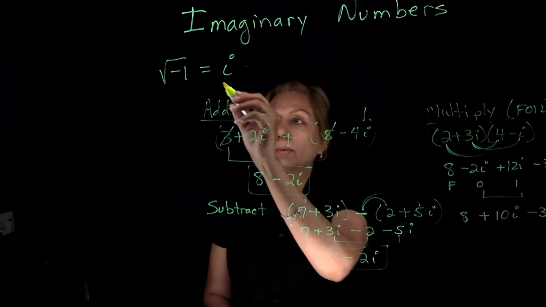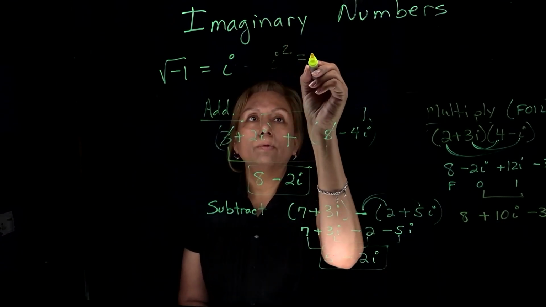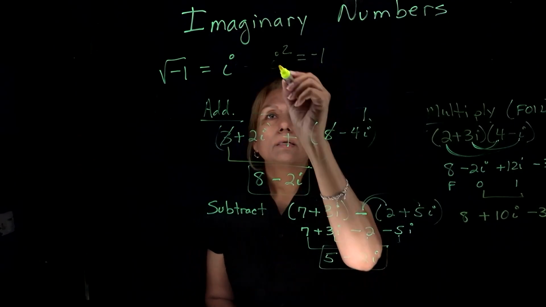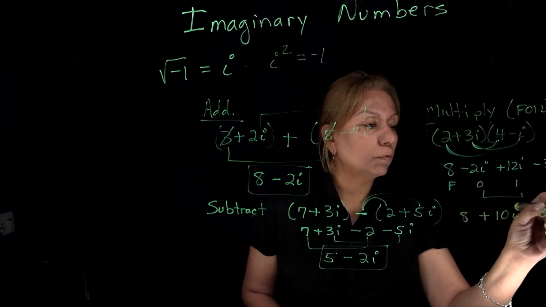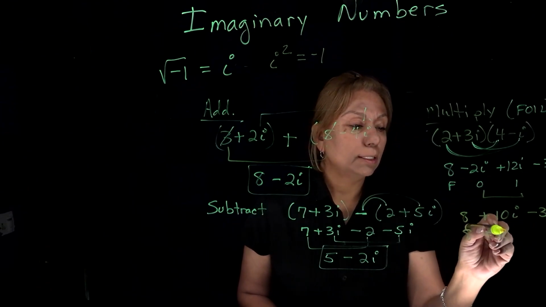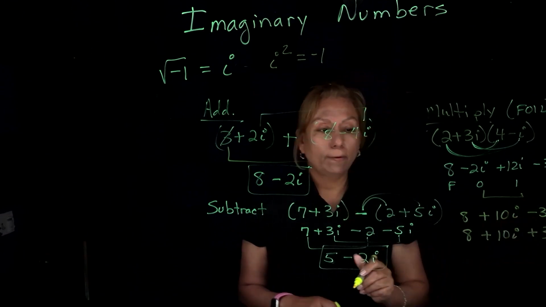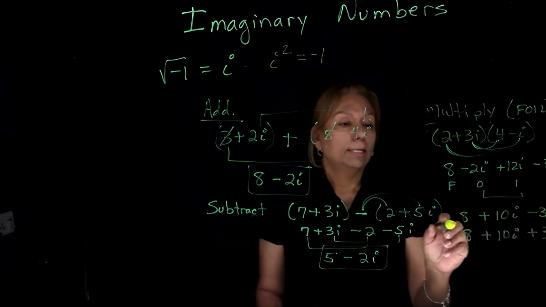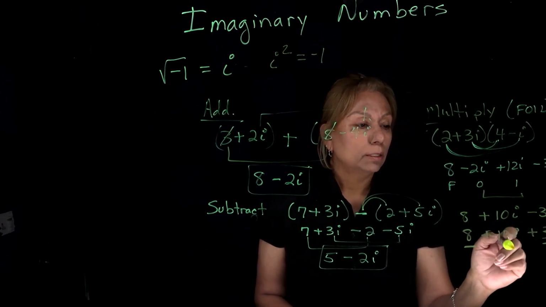If we go back, remember we had the square root of negative 1 is i, and i squared equals a negative 1. So we want to replace that i squared with a negative 1. Now I have 8 plus 10i. Negative 3 times a negative 1 is a positive 3. Almost done. Now combine your last like terms.